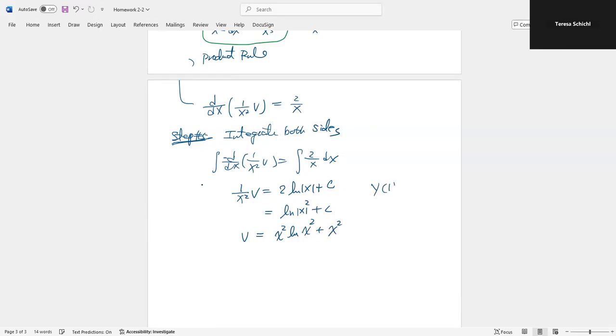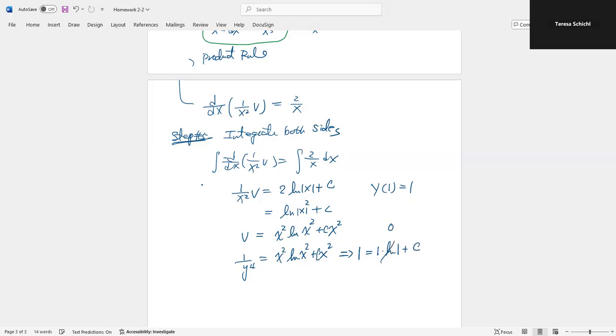Then my initial condition y equal to 1. So I plug that in. So v is 1 over 4. Okay, so I will have 1. I'm sorry, here, this is cx squared, that's right. So 1 is equal to 1 natural log 1 plus c.